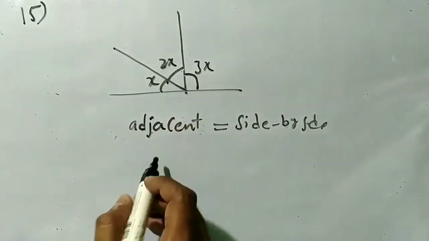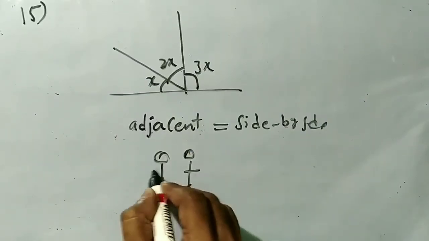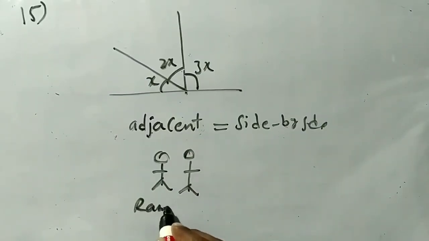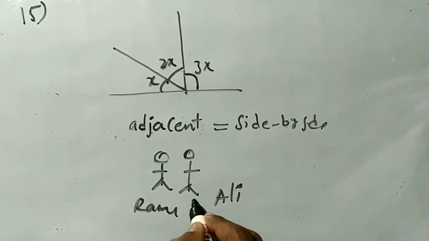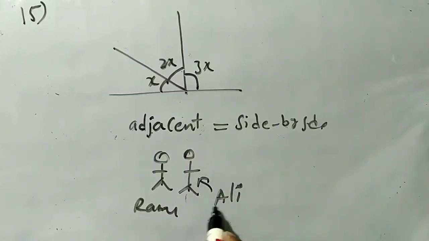Let us think here Ramo, and here Ali. Where is Ali? Ali is adjacent to Ramo, at the side of Ramo. Adjacent is nothing but side.